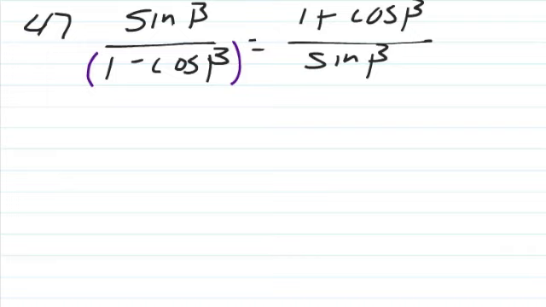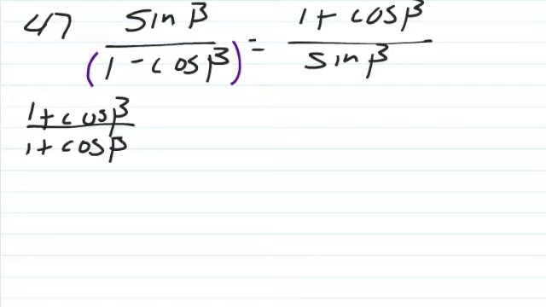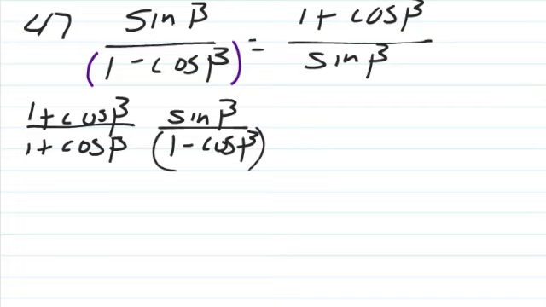So let's go ahead and do that. 1 plus cosine beta over 1 plus cosine beta times sine of beta over 1 minus cosine beta. And we leave the right-hand side alone at this point.